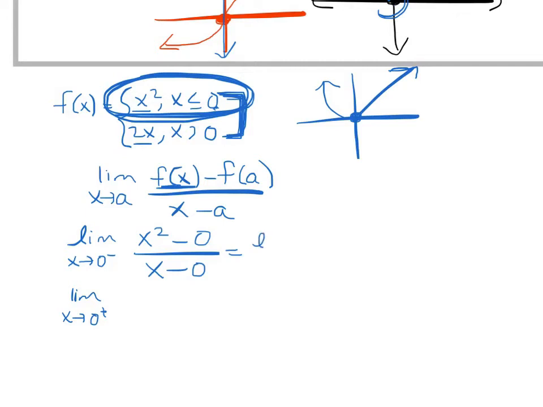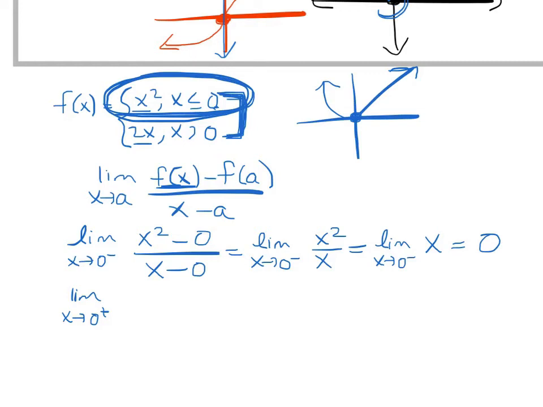What I end up with is the limit as x approaches 0 of x squared over x. Try direct substitution, it doesn't work. So you get the limit as x approaches 0 from the left of x squared over x is x. Now I do direct substitution, it works, and I get 0.